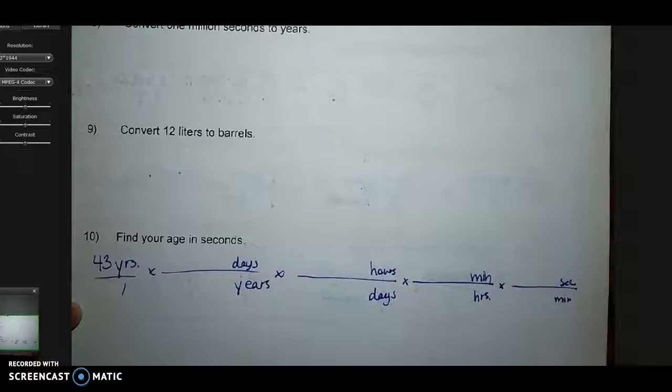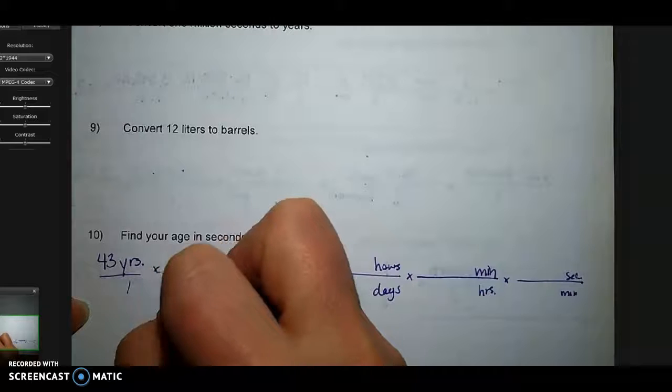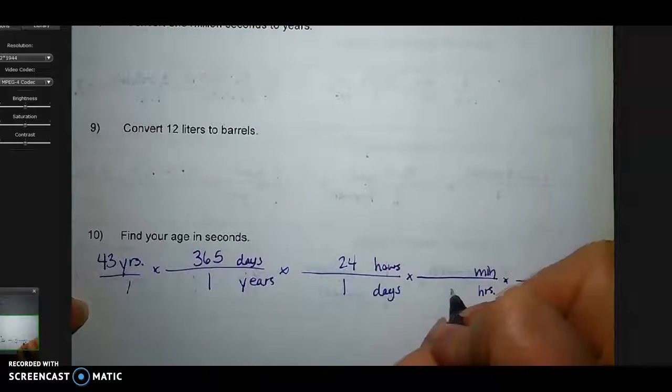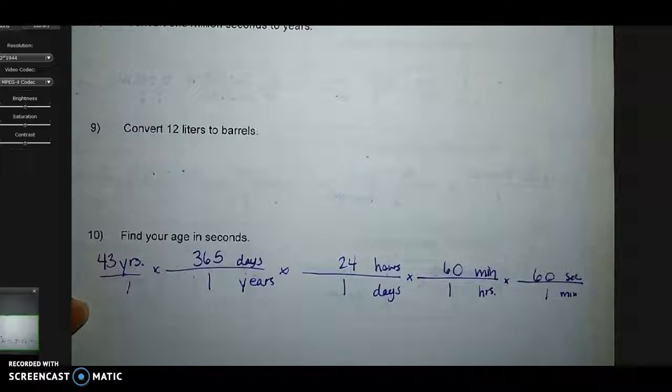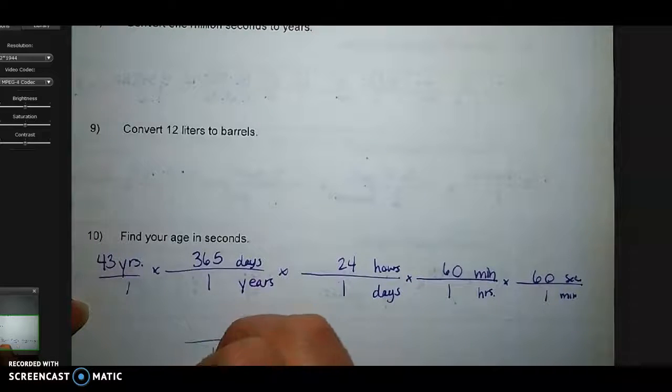So this one's kind of long. So in 1 year, there's 365 days. And in 1 day, there's 24 hours. And in 1 hour, there's 60 minutes. And in 1 minute, there's 60 seconds. Yours is going to look very similar, only you're going to start with a different age. When I go through and do that math, I'm going to have a 1 on the bottom and a super huge number on the top.